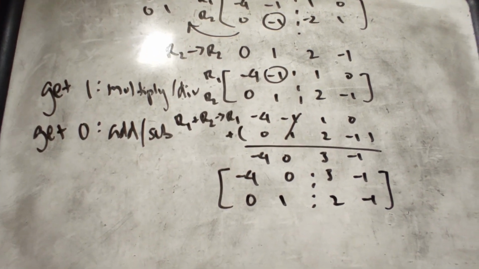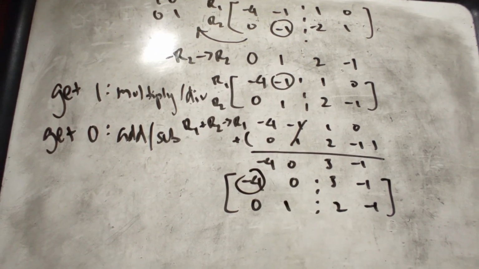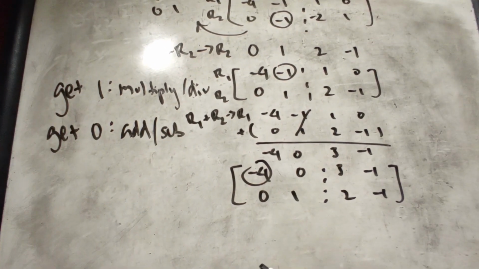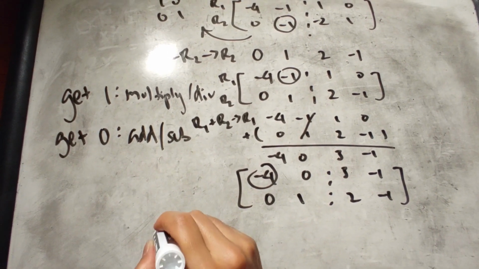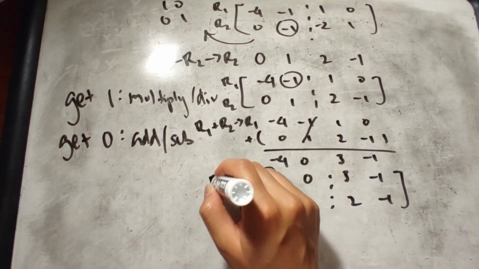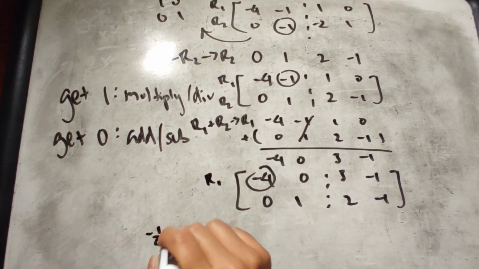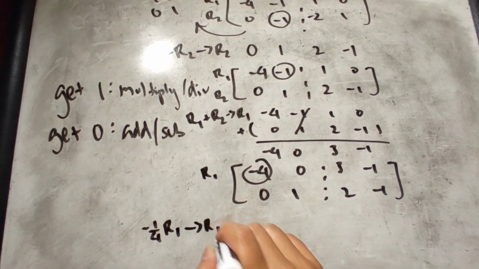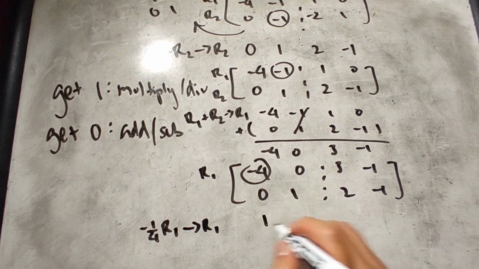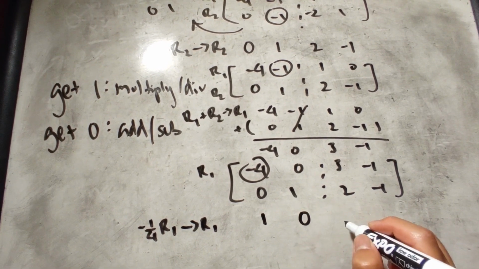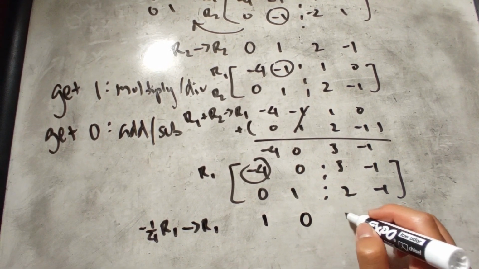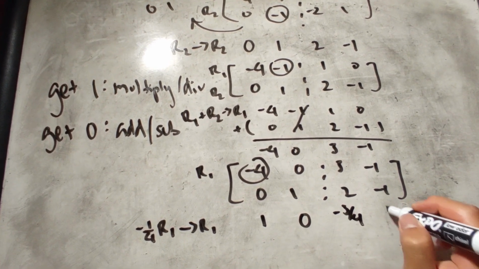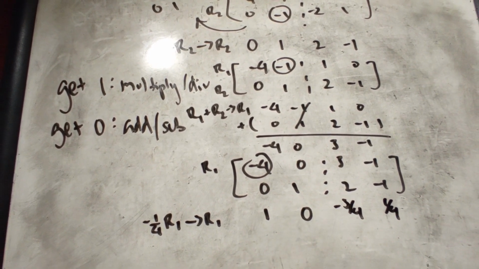And all that's left is to get this value to equal 1. And in order to get a 1, we multiply or divide. So in this case, to get a 1, we multiply row 1 by negative 1/4 to get the new value of row 1, which would be 1, 0. 3 times negative 1/4 would be negative 3/4, and negative 1 times negative 1/4 would be 1/4.